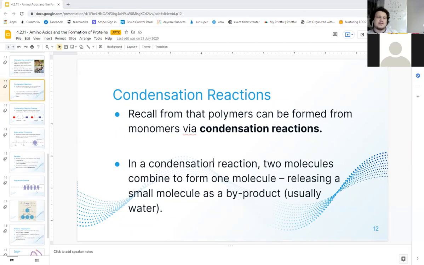Condensation reaction. We have the carboxyl group of one amino acid, the NH3 group of the other amino acid. We get a reaction that produces a peptide bond and a molecule of water.